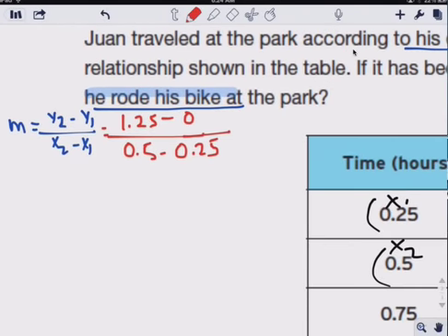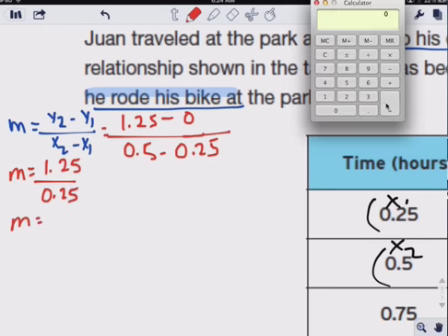Okay, and your slope then is 1.25 over 0.25. My slope, use your calculator, 1.25 divided by 0.25 equals 5 miles per hour.